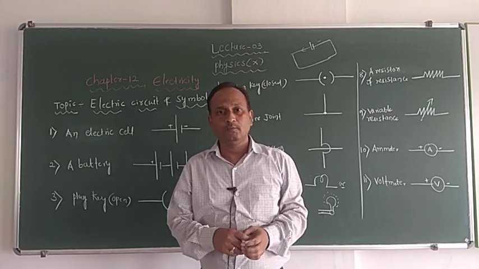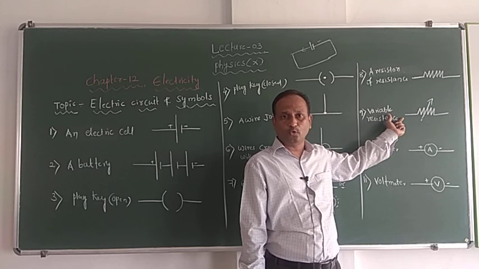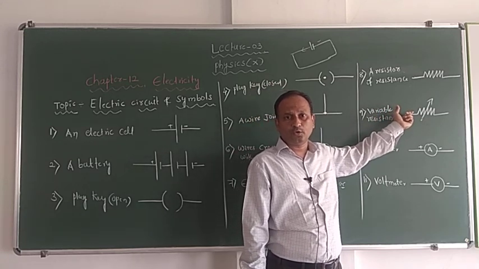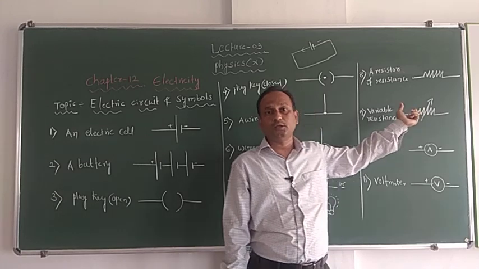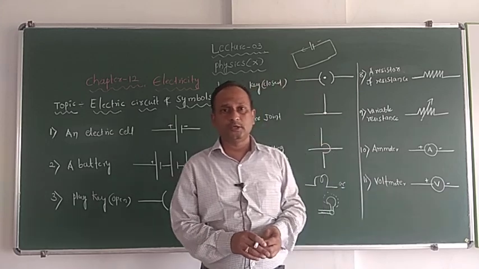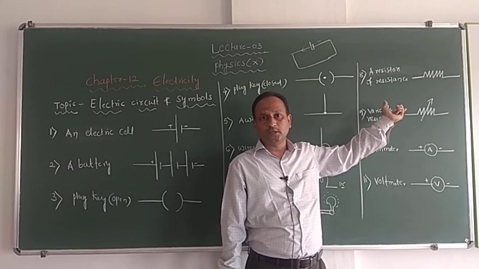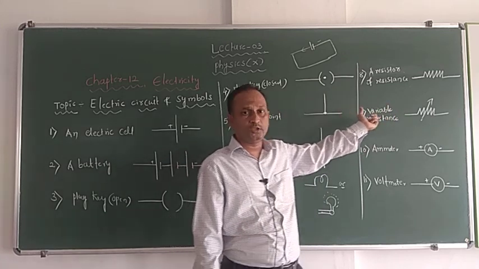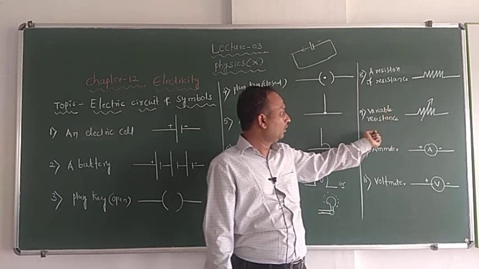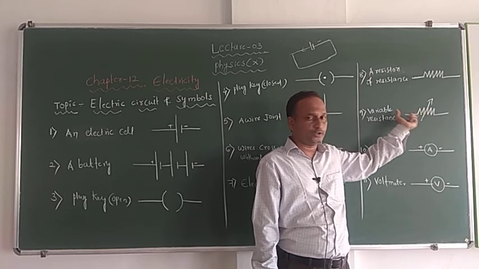If we increase the resistance, more current will be opposed. If we reduce the resistance, there is less opposition to the flow of current. It is like a regulator in a fan. As we increase the fan regulator, the speed of the fan increases. If we want to decrease the speed, we turn the regulator in reverse, and the speed of the fan is reduced. So it is like a variable resistor. We can increase or decrease the value of the resistor.